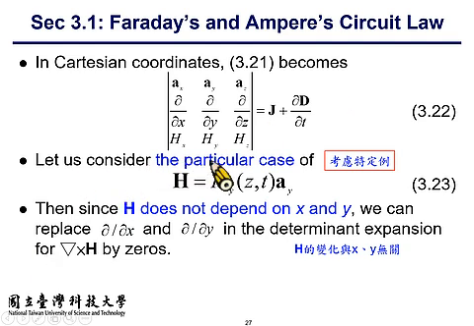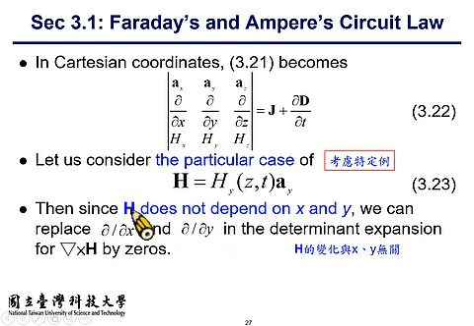And let's consider a special case for H that fully relies on the y direction, so it's written as Hy, which is a function of time and space, that is the z direction.